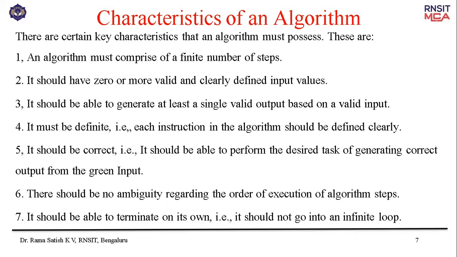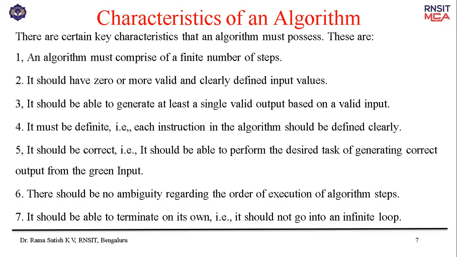So you have to write all 7. Each point will have 1 mark. If you write all 7 points, you get 7 marks. The same thing I can ask you in the assignment also. Probably next week I may give the same assignment. So you need to understand and write.